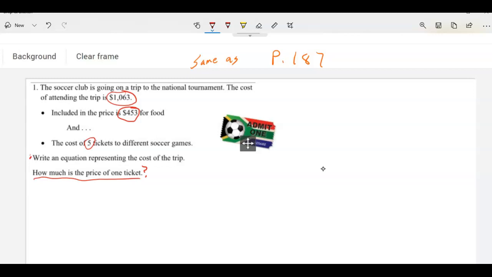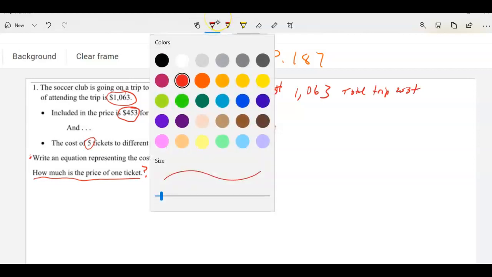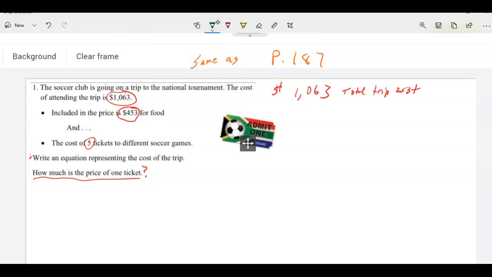All right, so first we need to figure out how much was the total cost for all the tickets together. And we know that there was a total of $1,063 that was paid, right? We'll just say that's the total trip cost right there. And now we know that the food was $453.